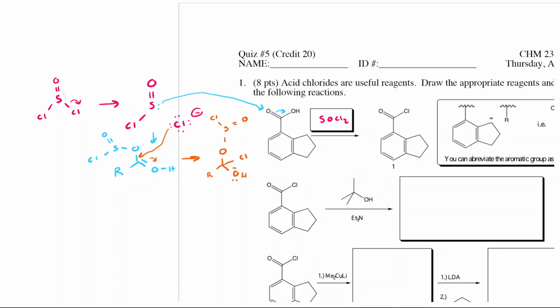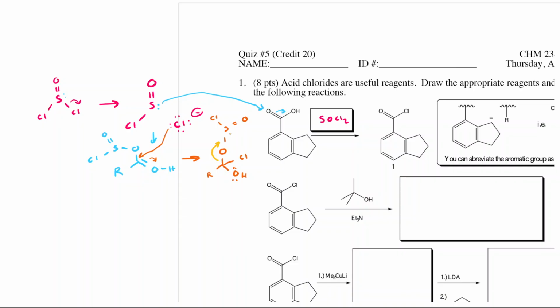Then this step sort of happens all at once. This oxygen on top is going to take the electrons from the bond with the carbon and contribute it to the sulfur-oxygen bond.